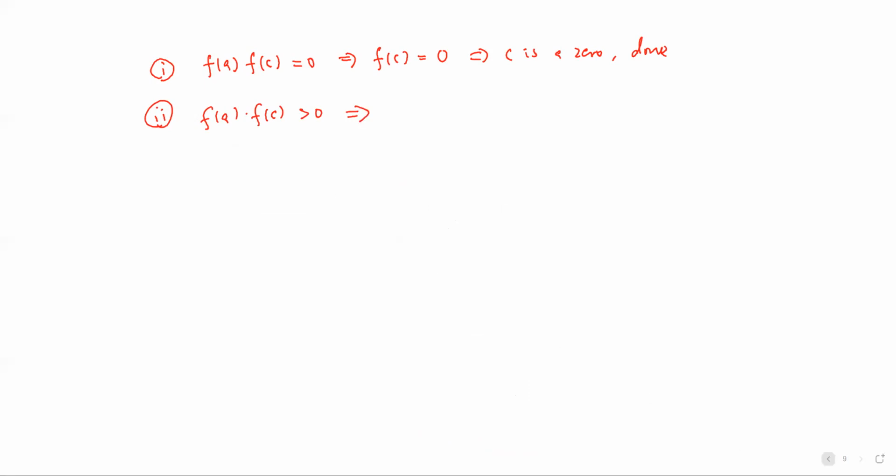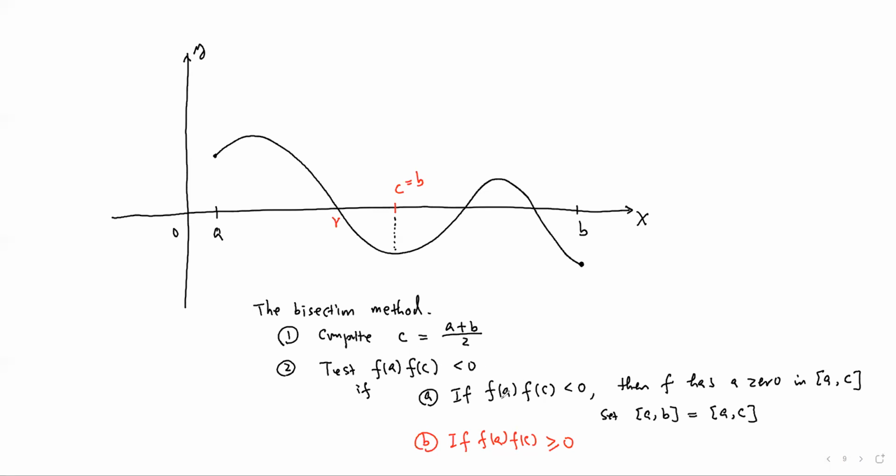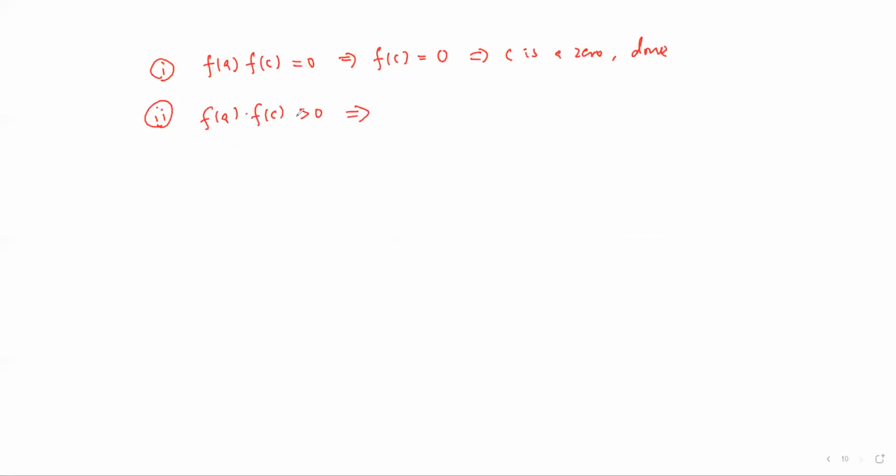This implies, because we assume the function values at A and B have opposite signs, and the function value at C times the function value at A is greater than 0, that the function value at C has the same sign as the function value at A. Therefore, f(C) times f(B) must be less than 0.